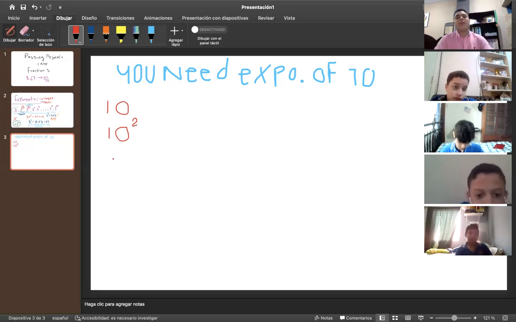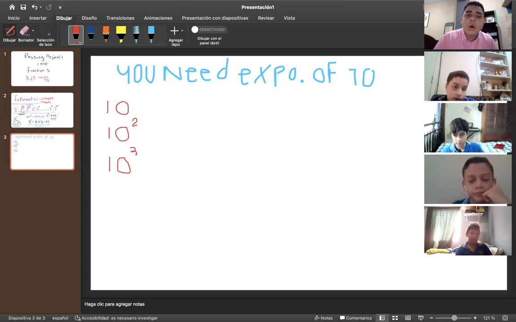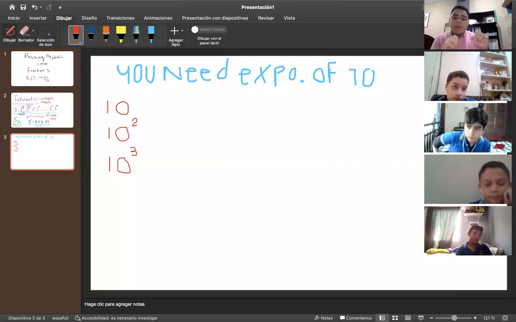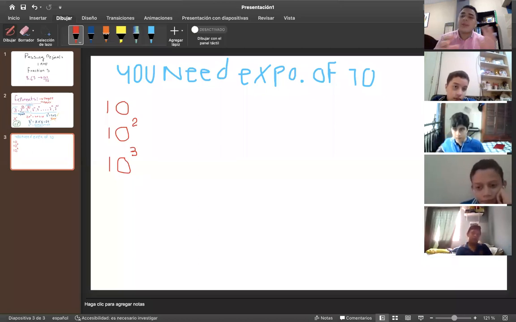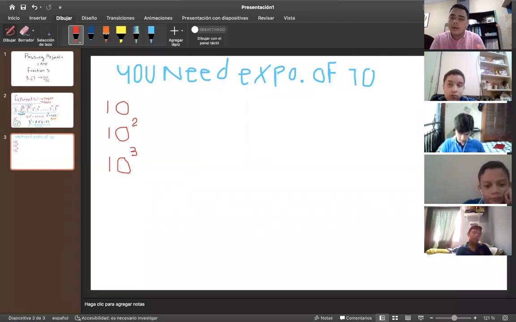How do we call the third one, guys? Just 10 cubic, or 10 elevated at 3. If we are using the word elevated, we have to use elevated at 3. If we are using the word cubic or squared, just squared or just cubic, okay?